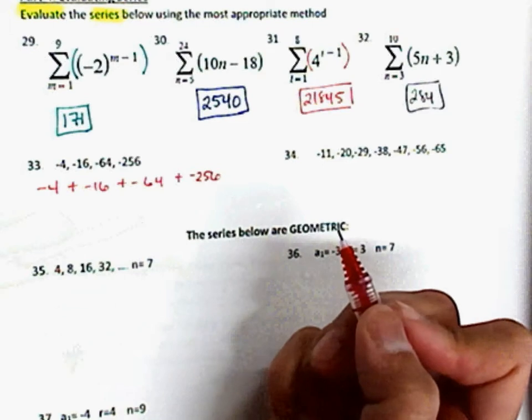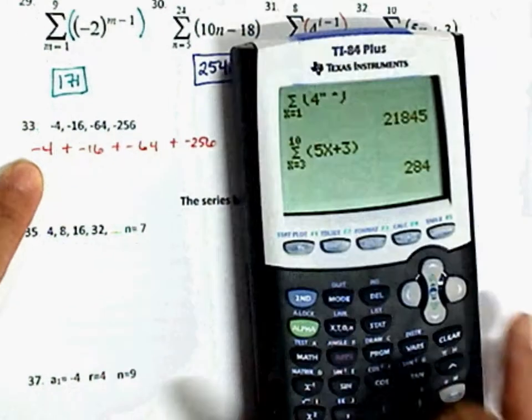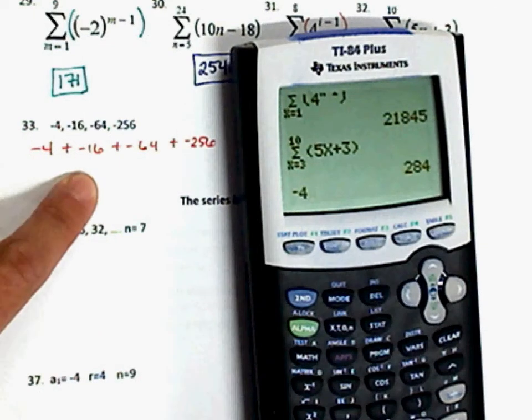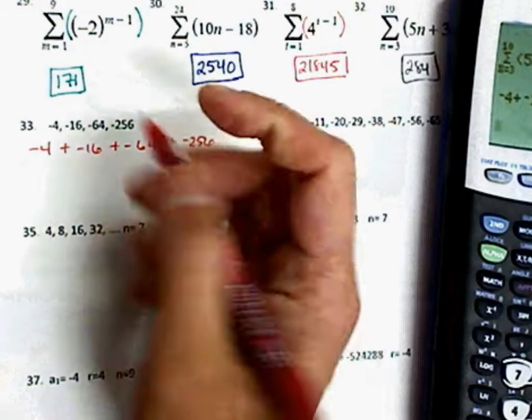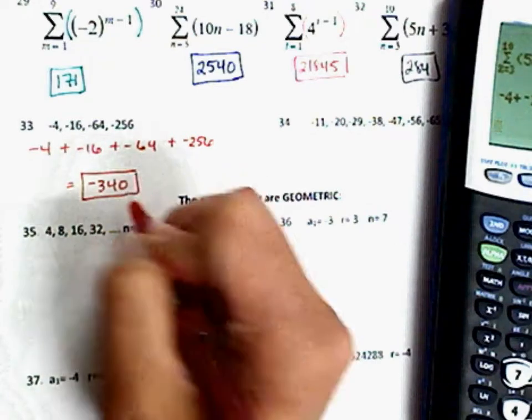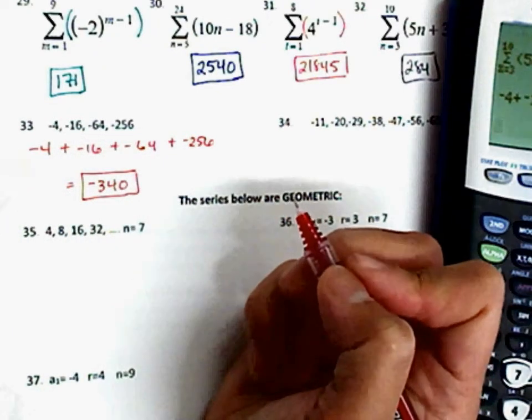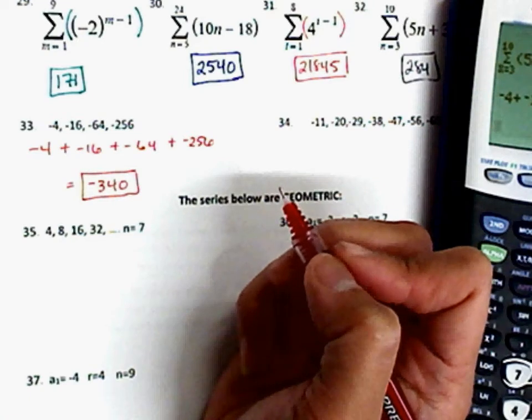You can just type that into your calculator instead of trying to write a formula. So negative 4 plus negative 16 plus negative 64 plus negative 256, and your answer comes out to be negative 340. Could you have written a formula? Yes, but that requires you to go find the D or the R. In this case it would be the R.